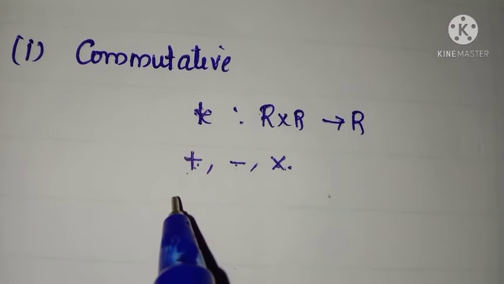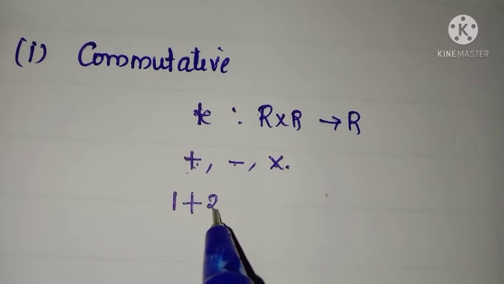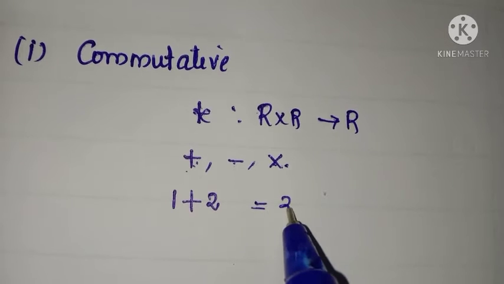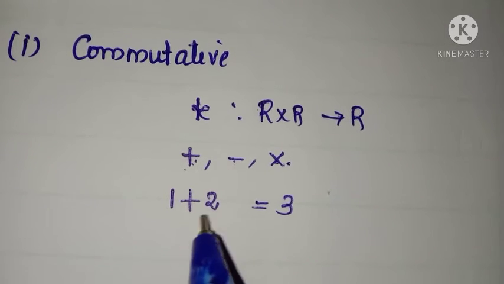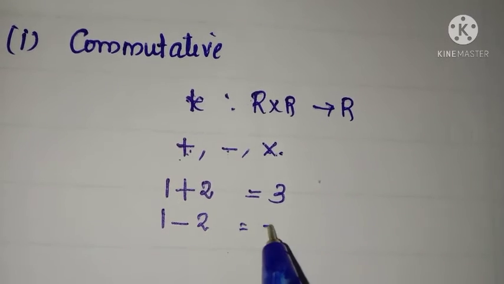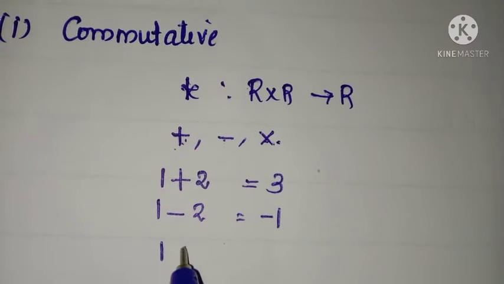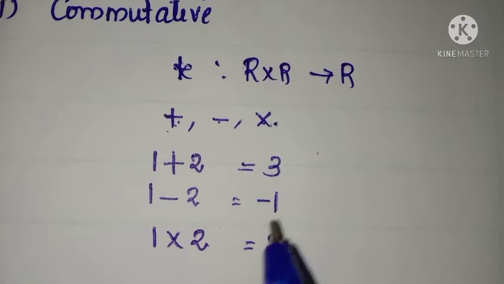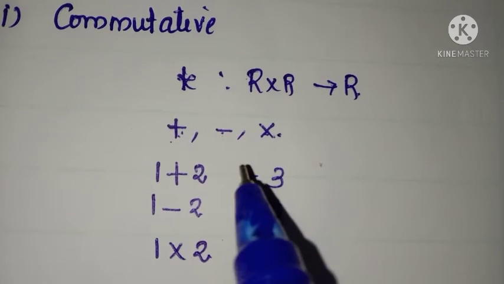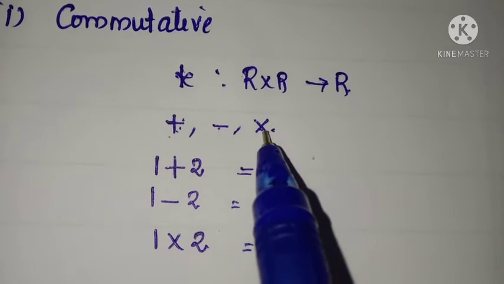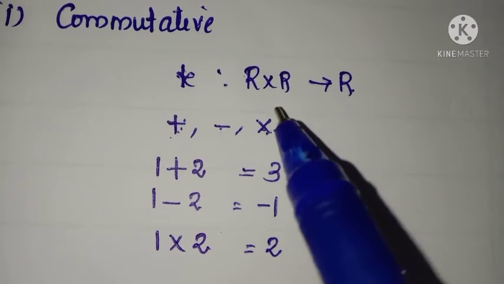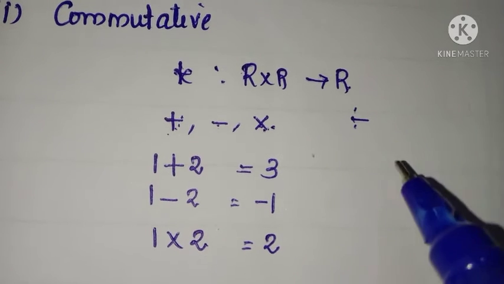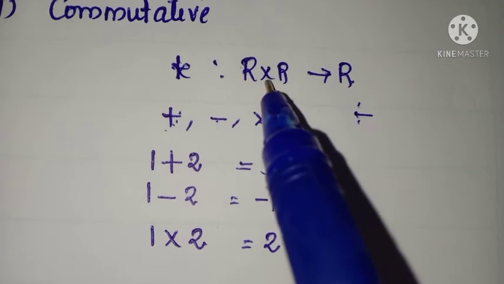For example, 1 plus 2 gives 3, which is a real number. 1 minus 2 gives minus 1, a real number. 1 into 2 equals 2. All these real numbers belong to this set, and therefore these three operations are binary operations, and we already saw that division is not a binary operation on the set of real numbers.